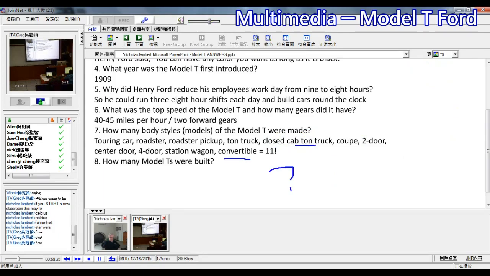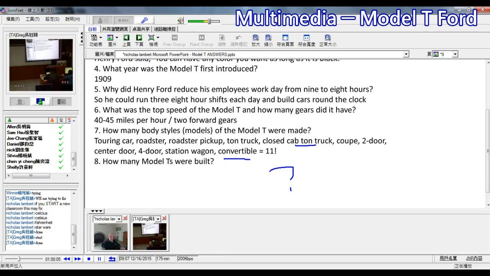what's a convertible? Without ceiling, right? Roof, ceiling, right? Because the top can be lifted open to let the wind blow. It's a kind of car with a roof. Yeah.